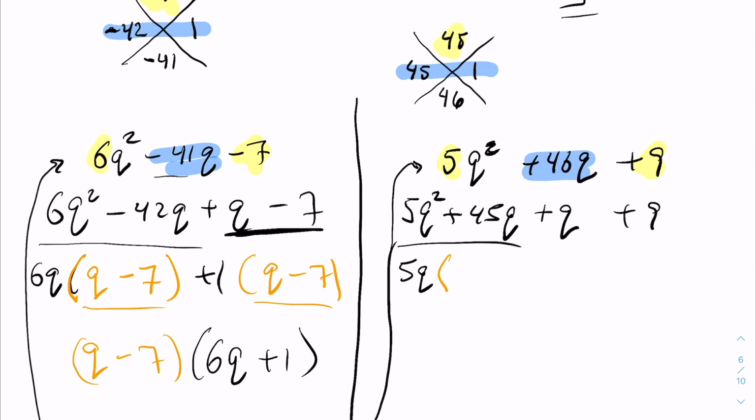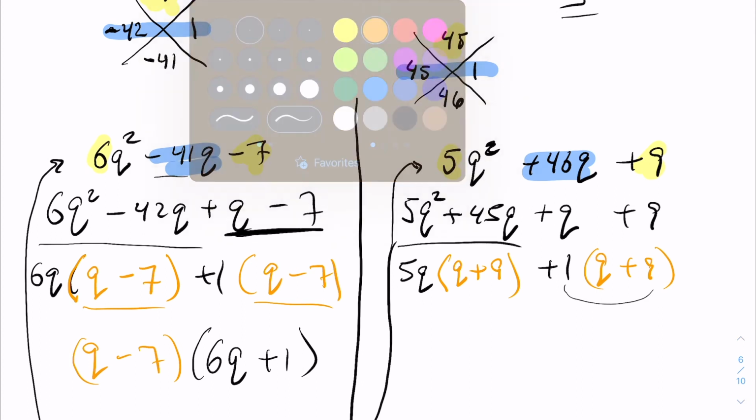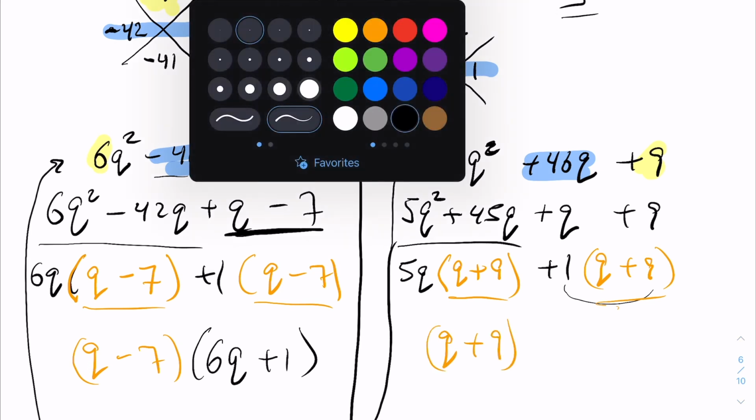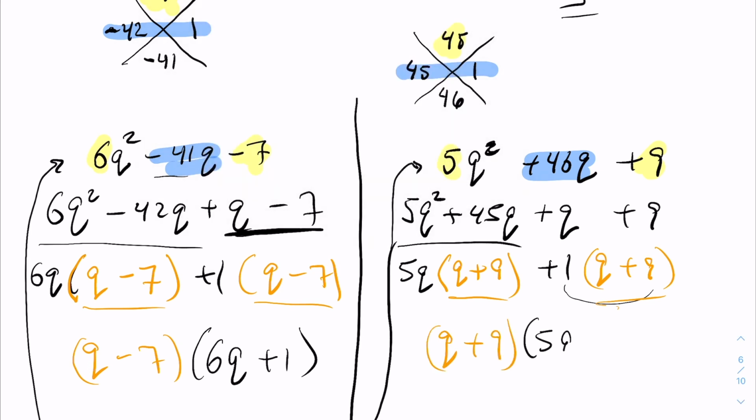I have just q plus 9. I need a q plus 9 for the grouping to work. And I'm pretty sure I can make it because all I have to do is 1 times q is q and 1 times 9 is 9. So that did work beautifully. And factor out my common factor, q plus 9. What is left is the stuff in black, which is just 5q plus 1.